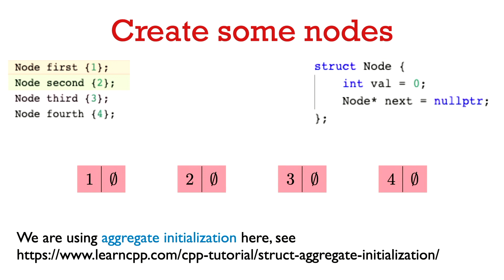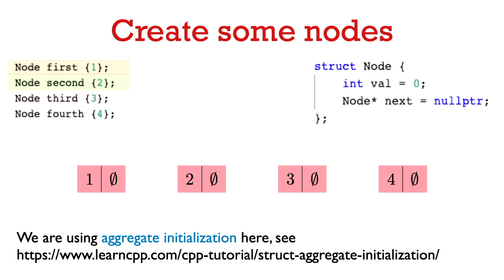Okay, so let's create a simple linked list by hand to hold the values 1, 2, 3, 4 in that order. The first thing that I'm going to do is create 4 nodes called first, second, third, and fourth. And those are going to hold the values 1, 2, 3, and 4 respectively. I'm initializing the nodes here with what's called aggregate initialization.